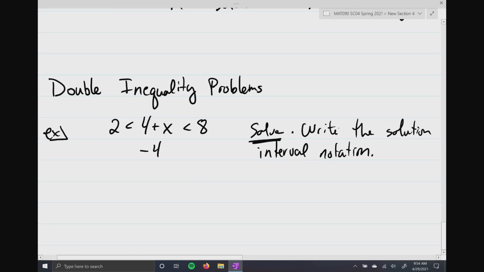But if I subtract 4 from the middle, I will subtract 4 from the left and subtract 4 from the right. And I just crunch a number straight down. 2 minus 4, negative 2, less than. I get an x in the middle. And then less than 8 minus 4 is positive 4. And that's it. That's as hard as it got.